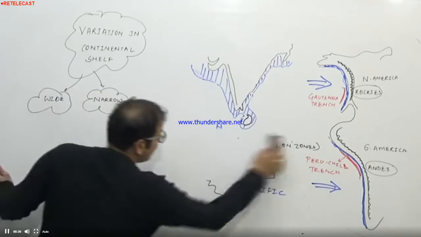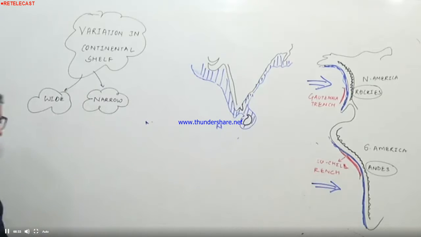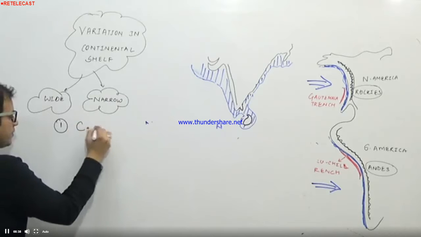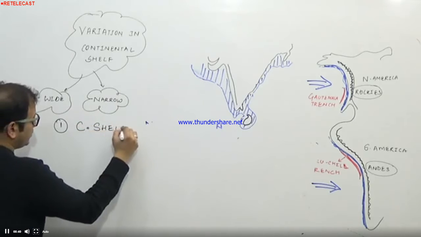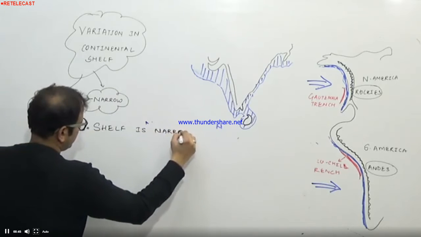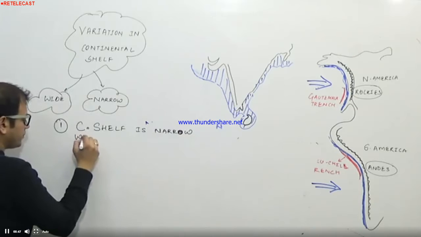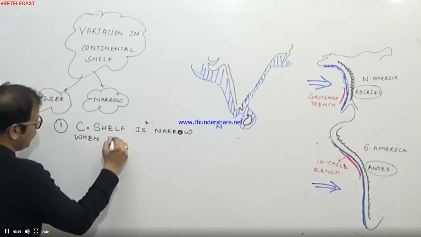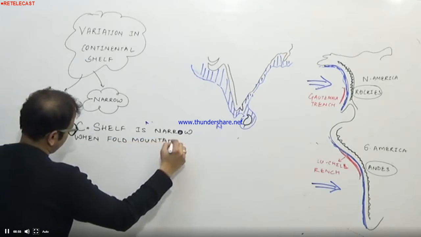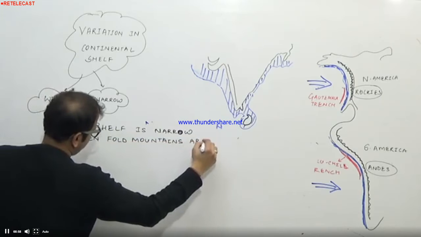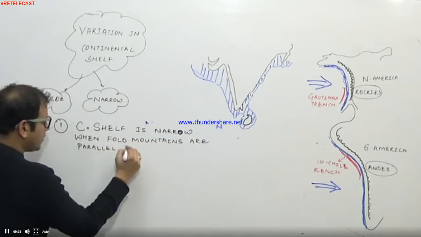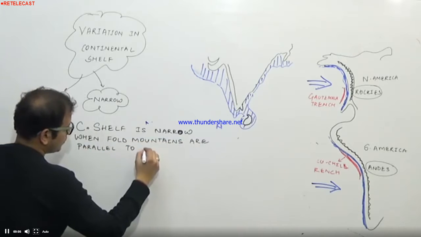So the first thing is continental shelf is narrow where fold mountains are parallel to the coast.